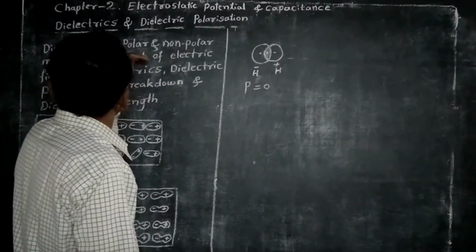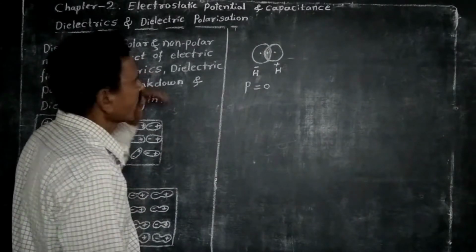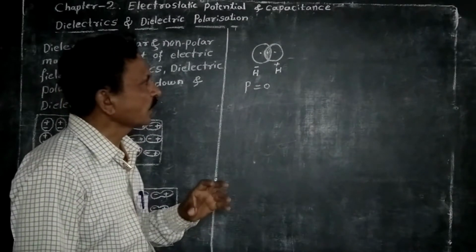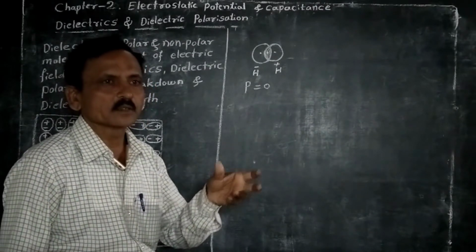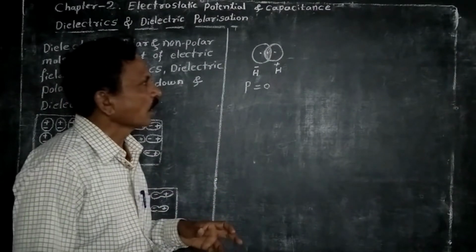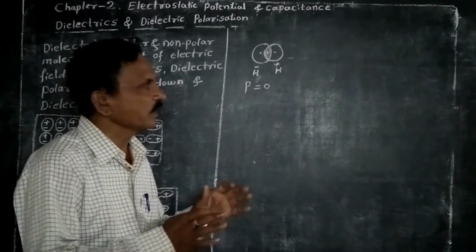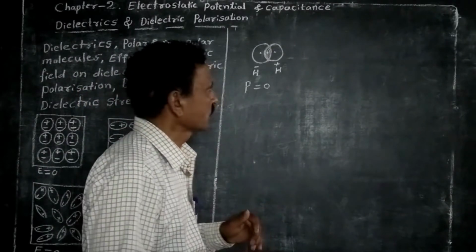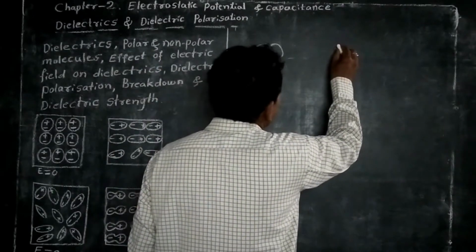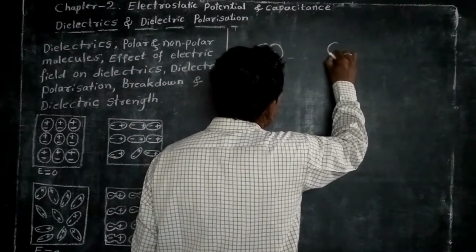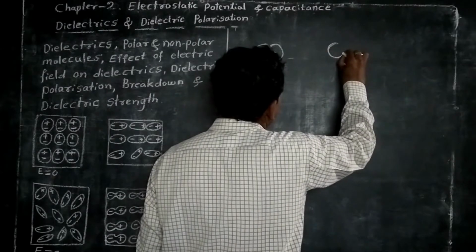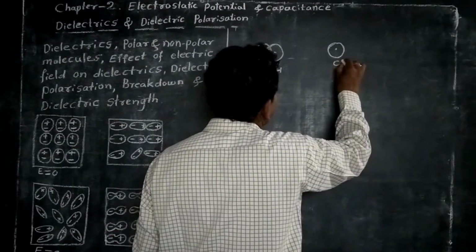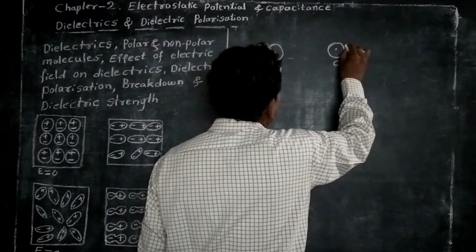Then what is a polar molecule? A molecule in which the center of positive charge and the center of negative charge are well separated, or there is a certain distance between negative and positive charges. Consider HCl. This is chlorine and hydrogen.